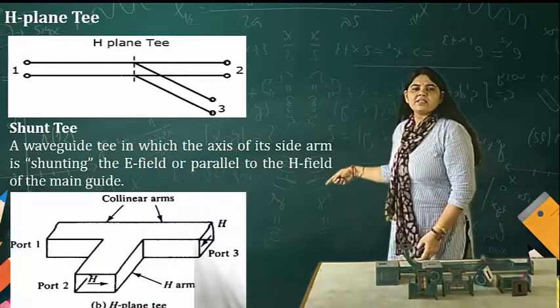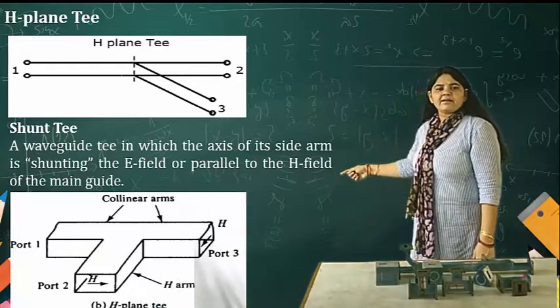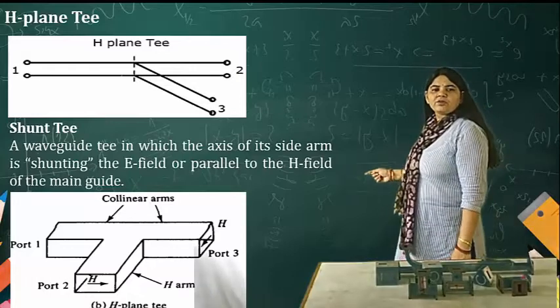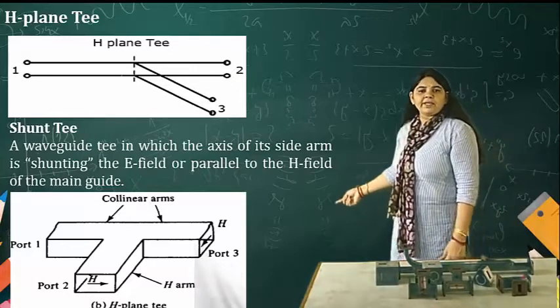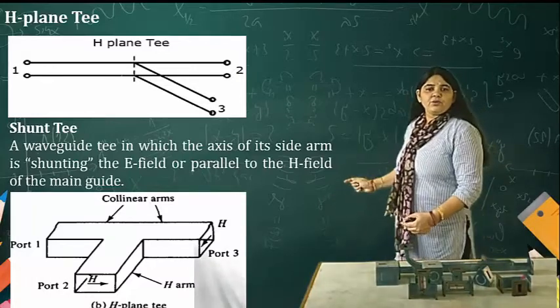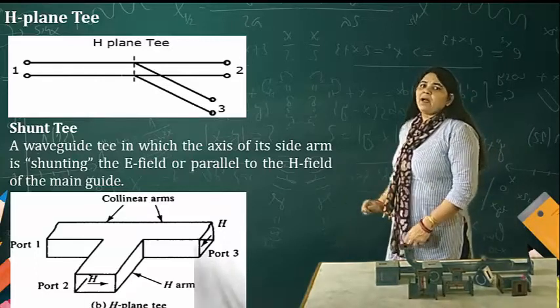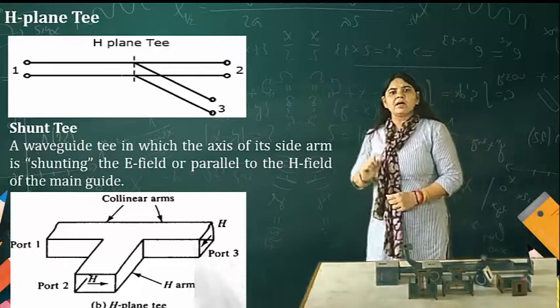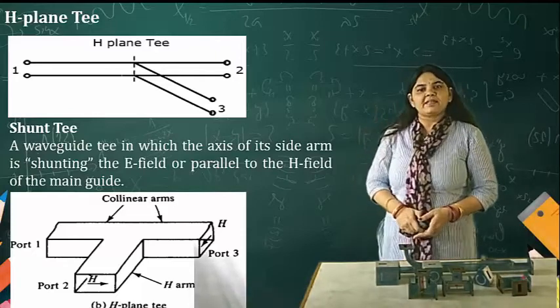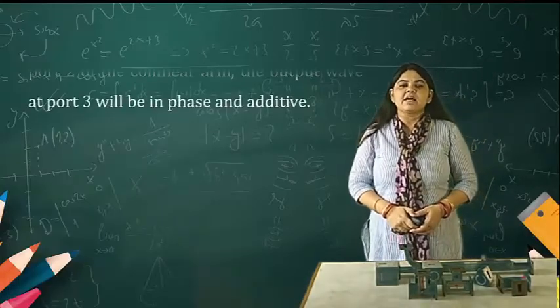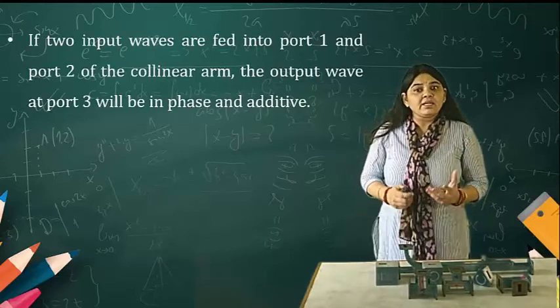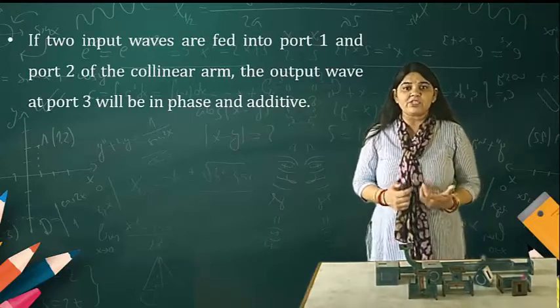In this diagram, port 1 and port 3 are known as the collinear arms, and port 2, as I have named it here, is the side arm, which is in parallel with the collinear arm. That is why it is known as the H plane T. What is the rule for how it works?